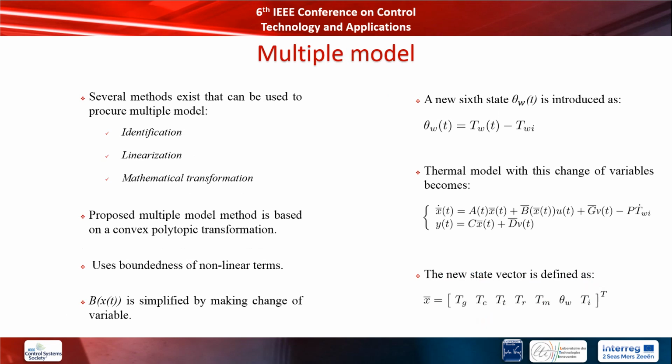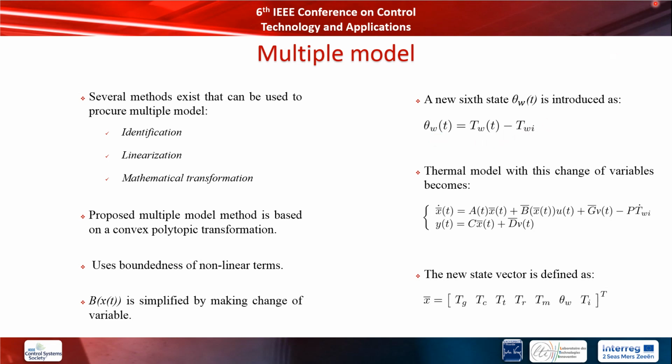There are several methods that can be used to obtain a multiple model, which include identification, linearization, and mathematical transformation. In order to simplify B of x for the thermal model, we make a change of variable, which will allow us later to design the observer. A new state theta W is introduced, which is the difference between the average fluid temperature and the inlet temperature.